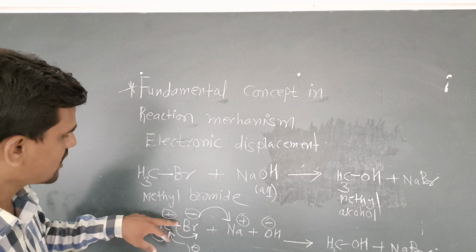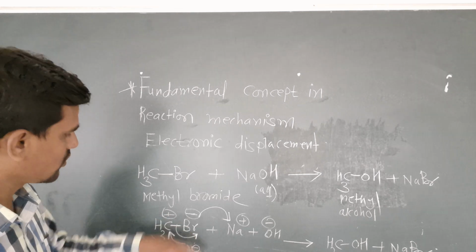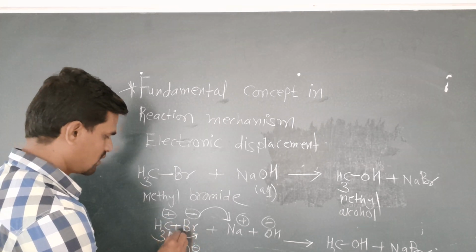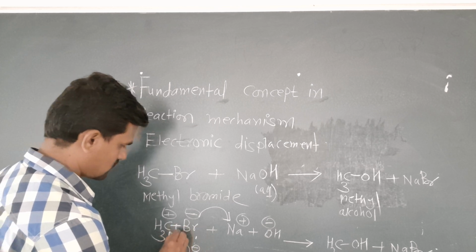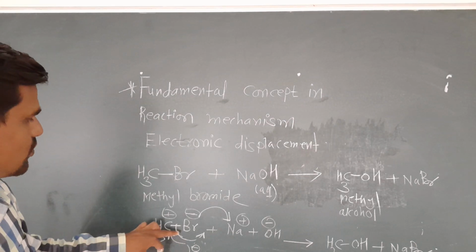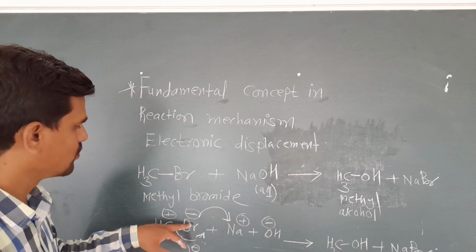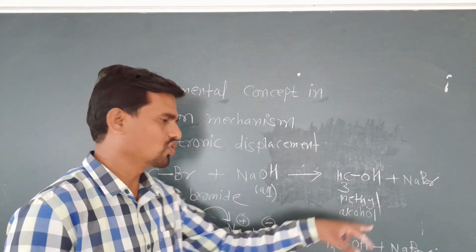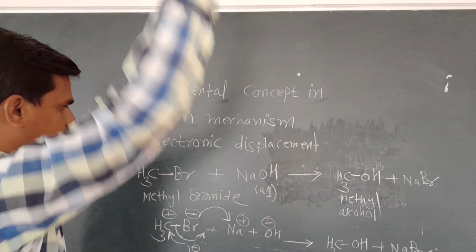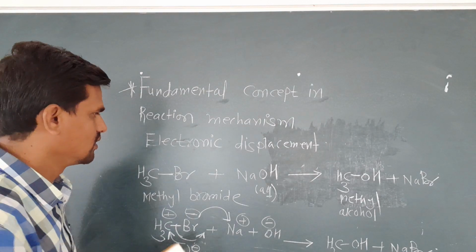This direction of the arrow shows that the bromine is removed from the methyl bromide, and this arrow indicates that bromine attaches to the sodium, and there is formation of sodium bromide. This takes place in our reaction. So this is one type of electronic displacement in the reaction mechanism.